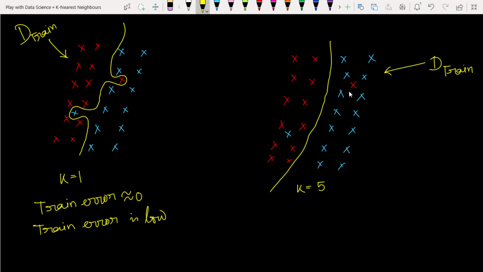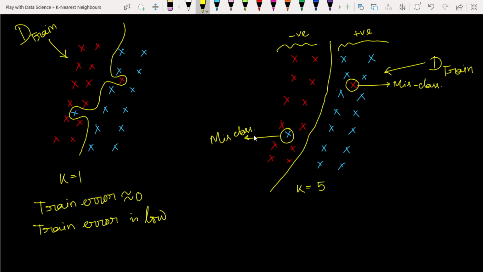This classifier says this region is positive and this region is negative, and this point is misclassified. This data point comes from the training data set, so we are making some mistakes here, and the train error is non-zero.